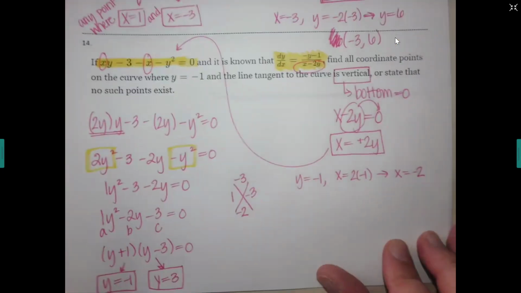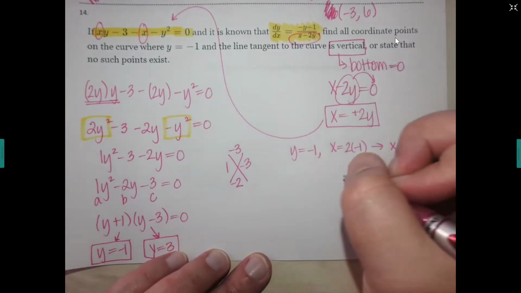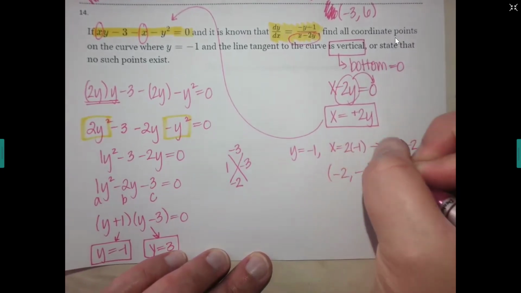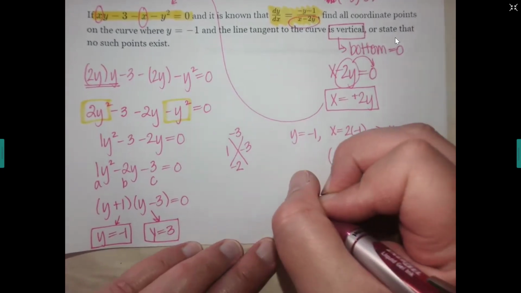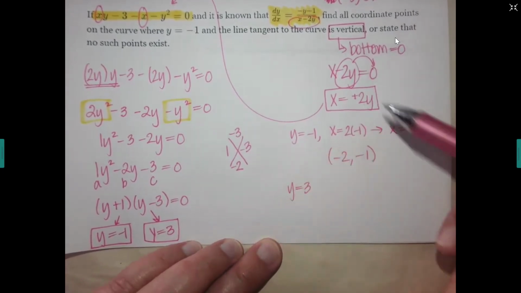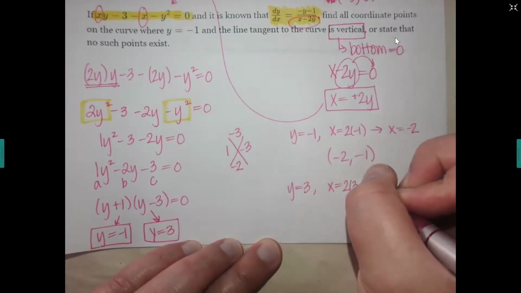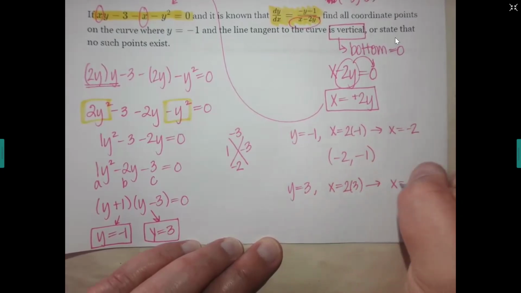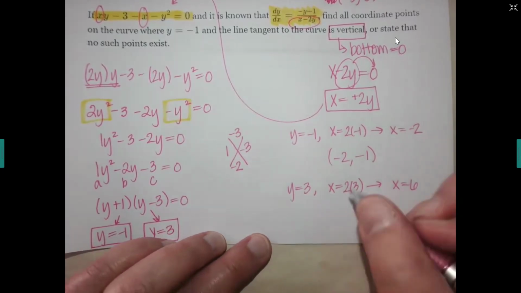So that ordered pair would be, remember, it's always x then y, so it'd be -2, -1 for my first point. My other y option is a 3. And if I plug in my 3 here, 3 times the 2 in front would give me an x of 6. Which means that my second ordered pair would be 6, 3.